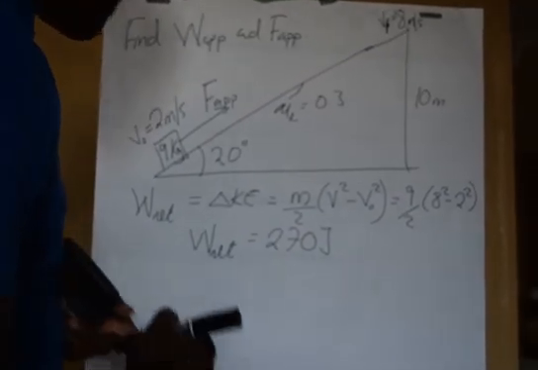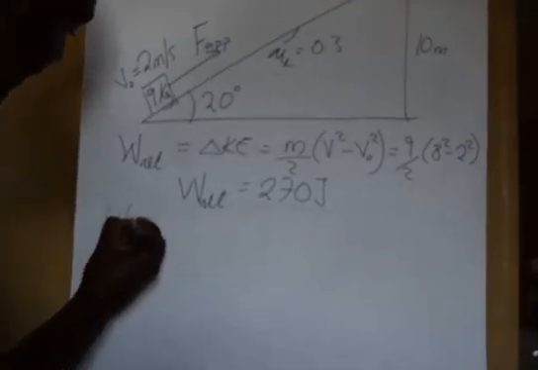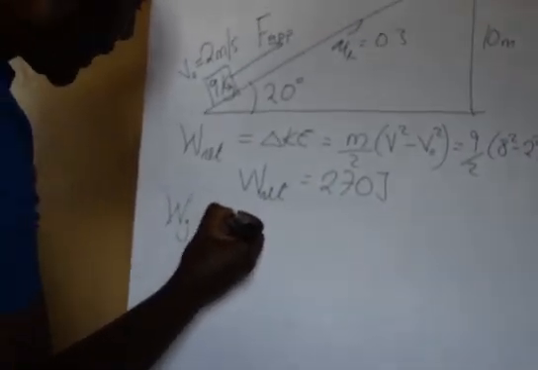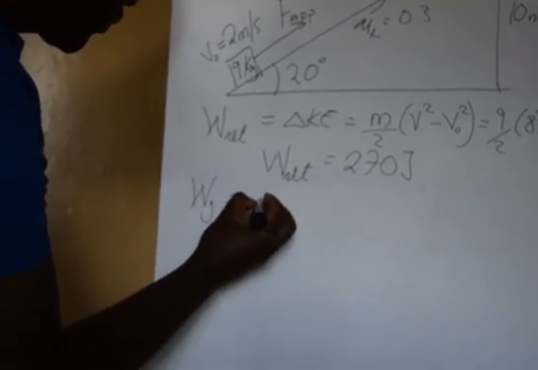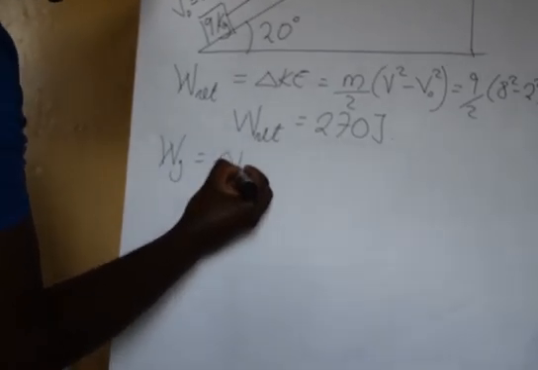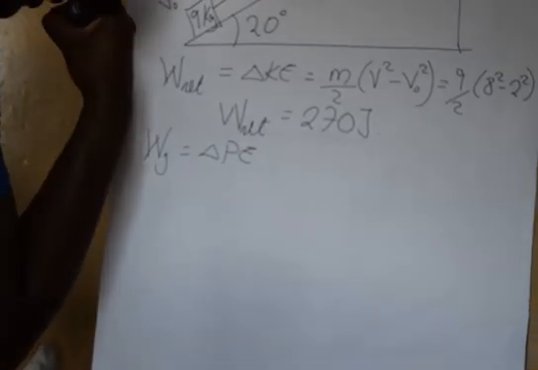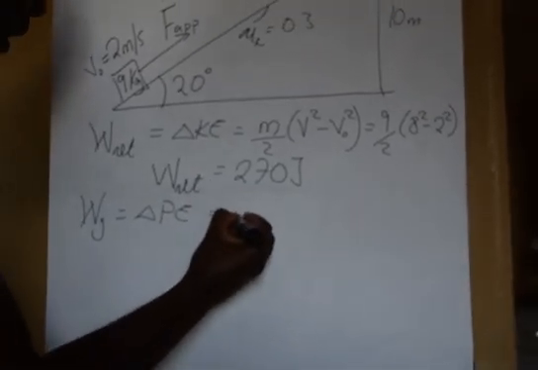Then the work by gravity is gaining potential energy. Work by gravity is gain in PE, which is mgh.